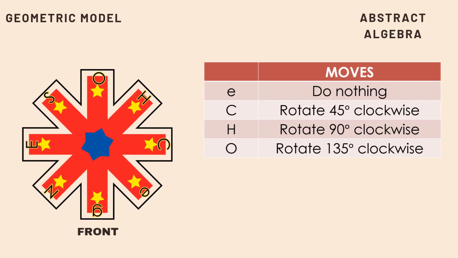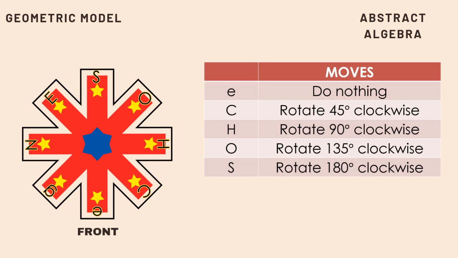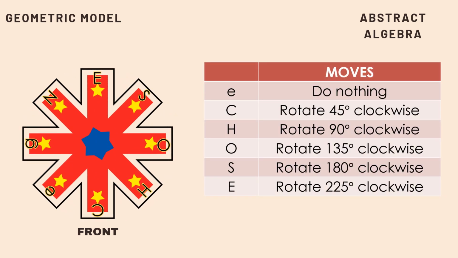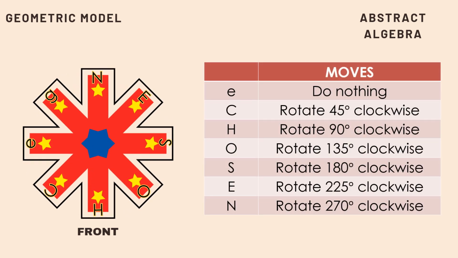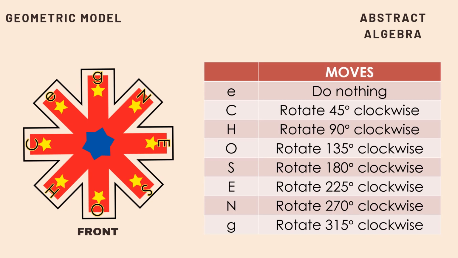The O represents rotate 135 degrees clockwise. S, rotate 180 degrees clockwise. E, rotate 225 degrees clockwise. N represents rotate 270 degrees clockwise. At last, for the front face, we have g, rotate 315 degrees clockwise.